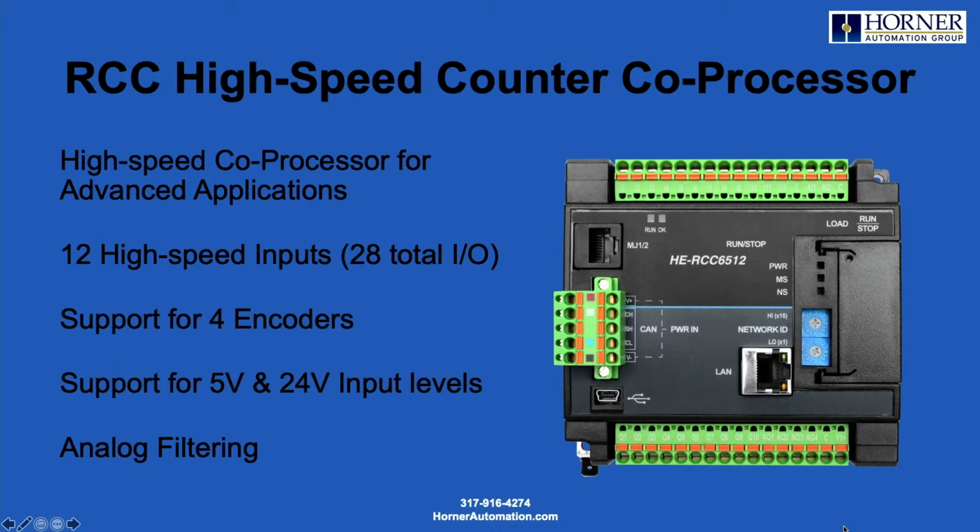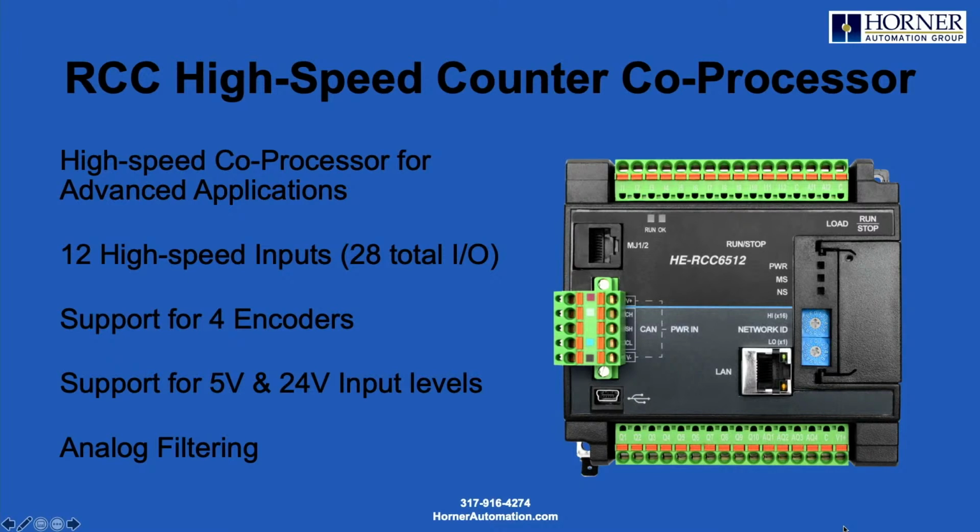It looks a lot like one of our SmartBlock I/O blocks. You can see from looking at it there, it's got a couple of terminal strips with 28 I/O points built in, including 12 high-speed inputs, and support for 4 encoders. Okay, so this is a product that goes beyond the 2 encoder limit. Of course, if you need a lot of encoders, CANopen's another great option as well.